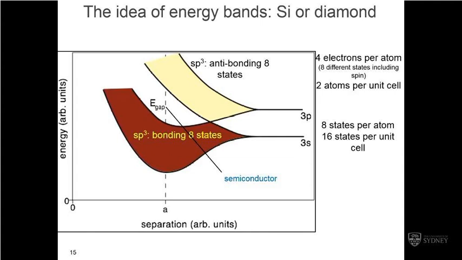Okay? So when you are at the equilibrium geometry of your silicon or carbon here, you can see that there is a so-called band gap formed. This shaded region is the states that are occupied by the electrons. Then there's a band gap where no electrons are allowed.